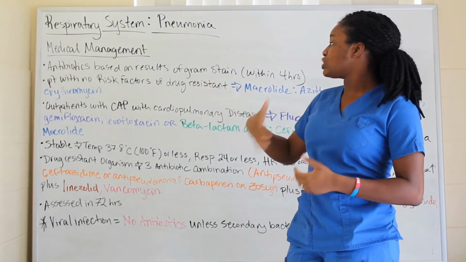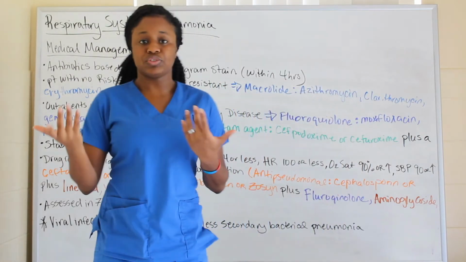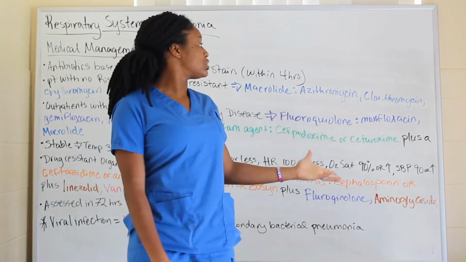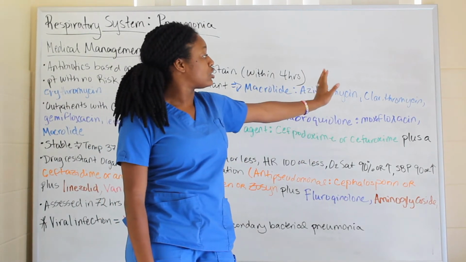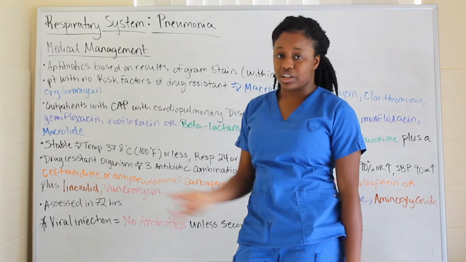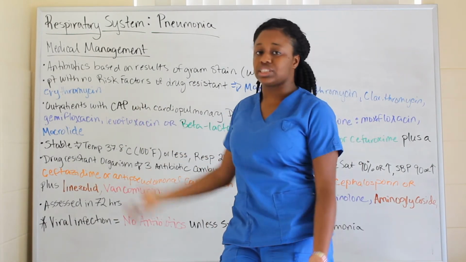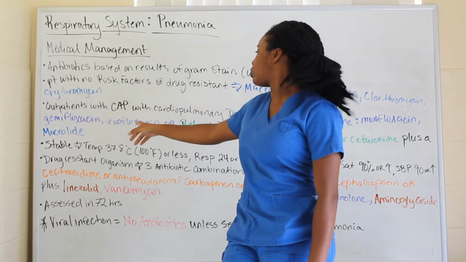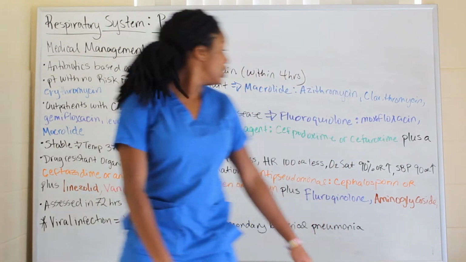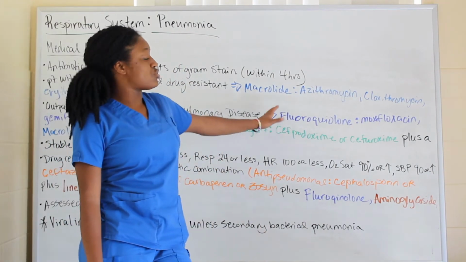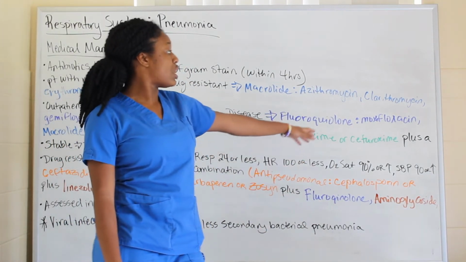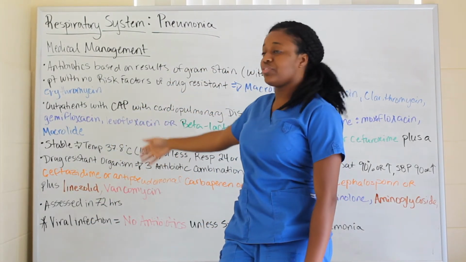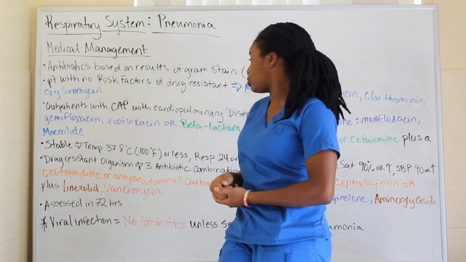If a patient has no risk factors for any drug-resistant type of pneumonia, they're going to use the category of macrolides. Drugs in that category are erythromycin, clarithromycin, and azithromycin. If you notice, they all end in mycin. Then for outpatients with community-acquired pneumonia with cardiopulmonary diseases, you're going to use a fluoroquinolone, such as moxifloxacin, gemifloxacin, or levofloxacin, which is also known as Levaquin.